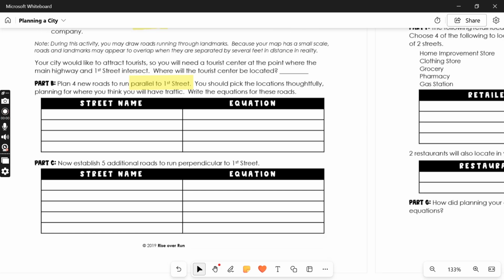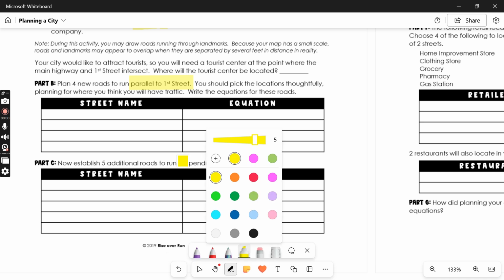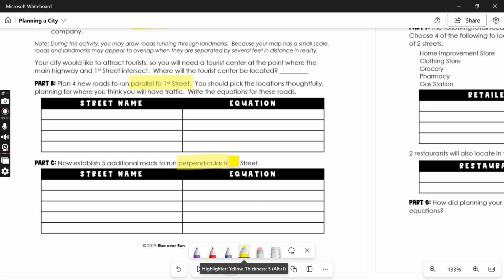And then you're going to come down to part C, and you're going to do 5 perpendicular to Street 1, or First Street. Again, I would highlight where it says perpendicular, perpendicular right here to First Street. What that means, so perpendicular means that your slope is what's called the opposite reciprocal.